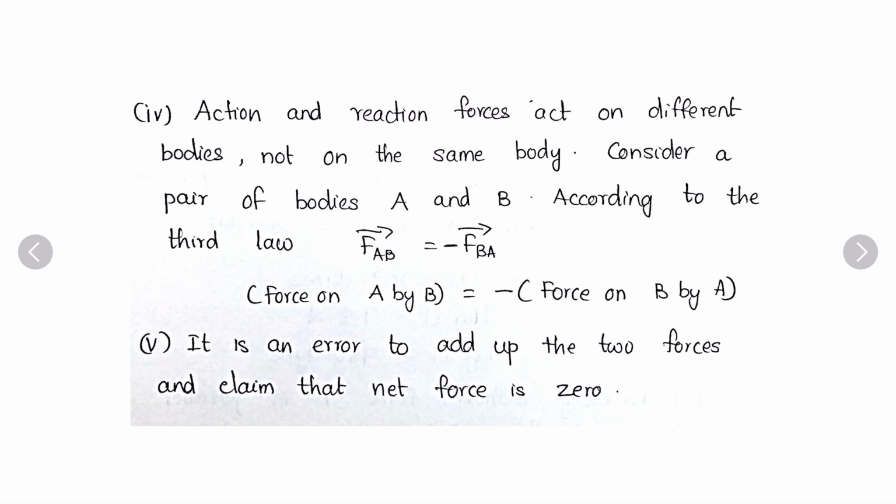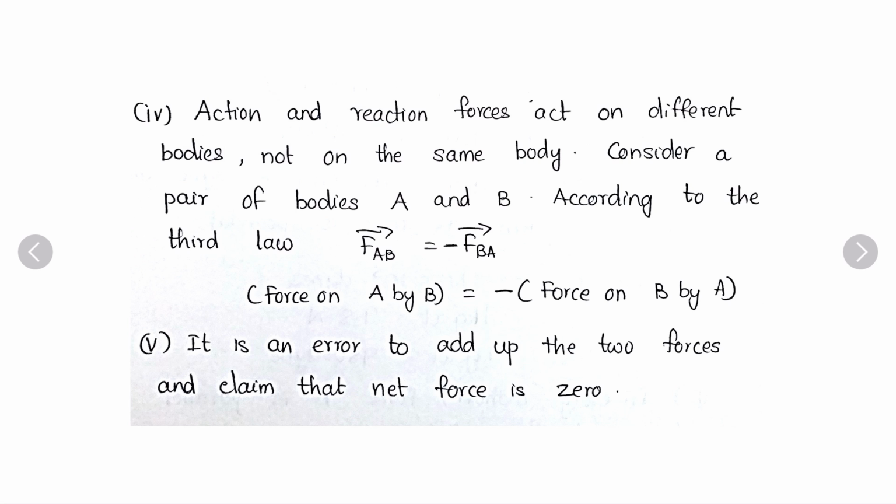The reason is the feet are touching the floor of the bus. Then it moves, the feet move with the bus, but the upper part of the body still remains at rest due to inertia of rest. So he gets a backward jerk and he falls down. These are all the examples of inertia of rest.